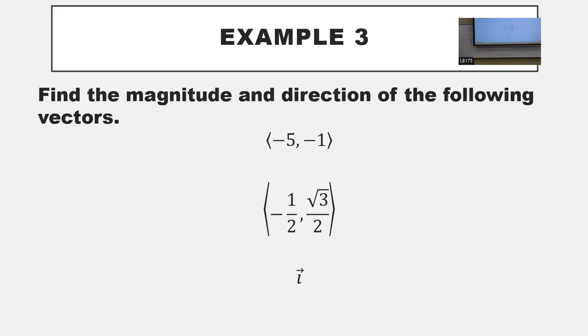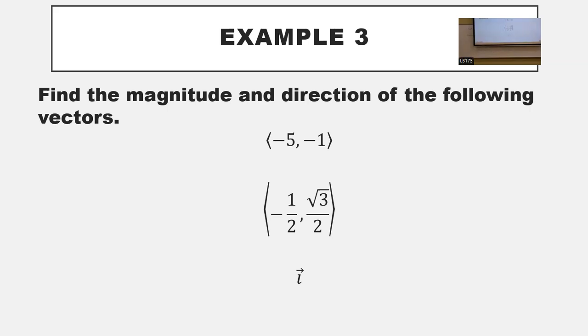All right, I want you to try 2 more on your own. Find the magnitude, or length, and direction of these 2 vectors, excuse me.